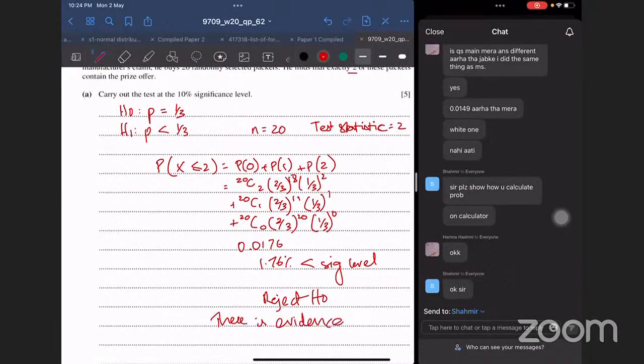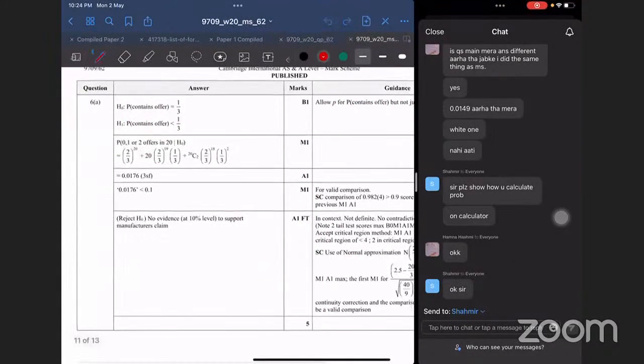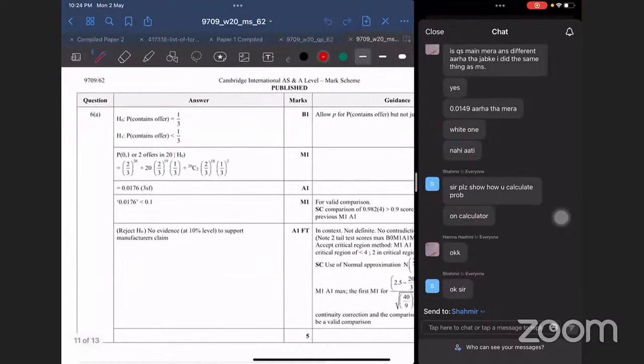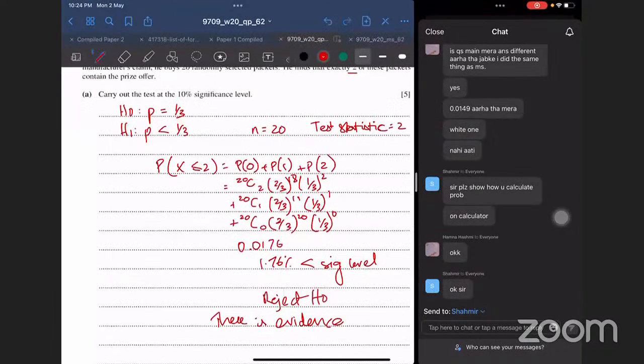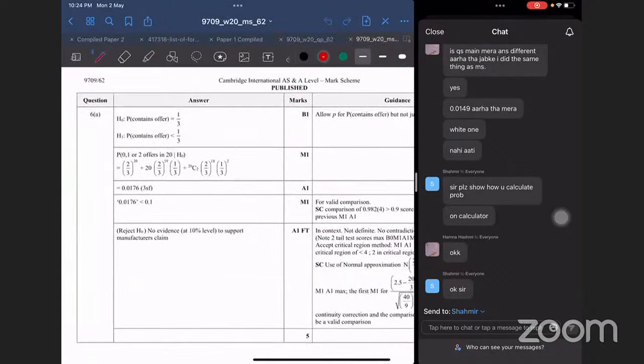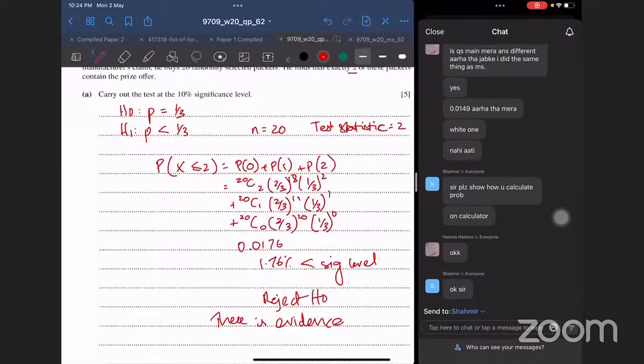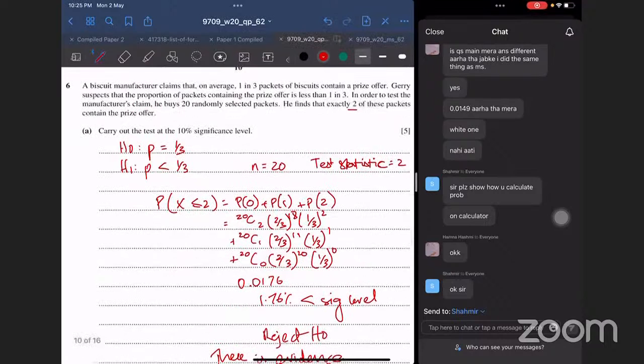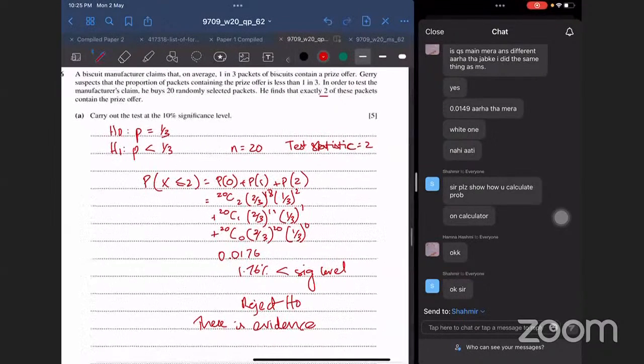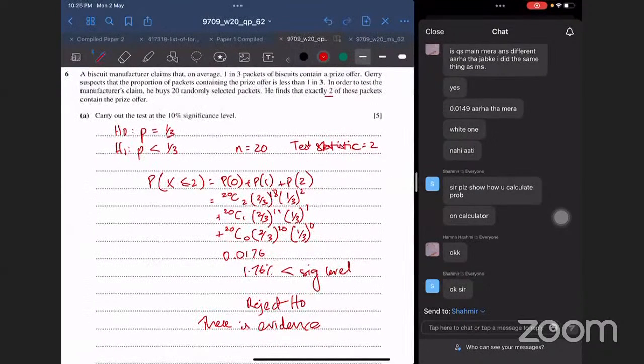Okay. नहीं सॉरी, मैंने कुछ गड़बड़ कर दी है। अच्छा क्लेम डिफरेंट लोगों का होगा ना। हाँ ओके, so there is evidence to support Jerry's claim.